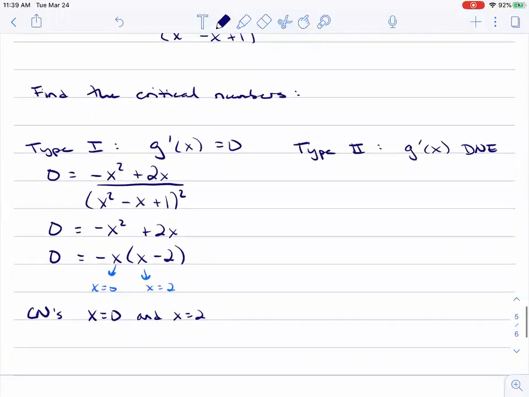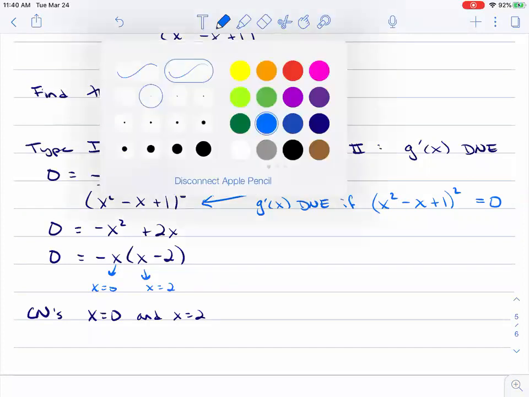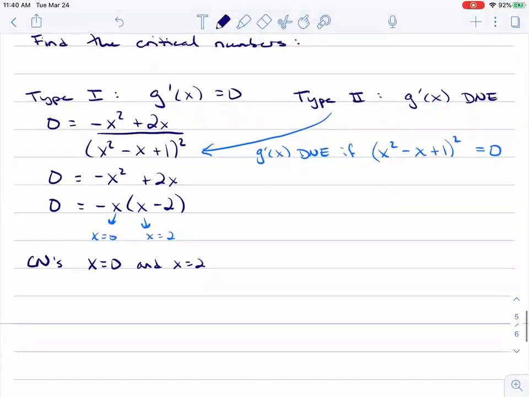So what we need, right, is over here, g prime of x does not exist if x squared minus x plus 1 squared equals 0, right? If we're dividing by 0, then the derivative does not exist at those points. Okay, so what we do is, okay, well, we've got x squared minus x plus 1 squared equals 0.